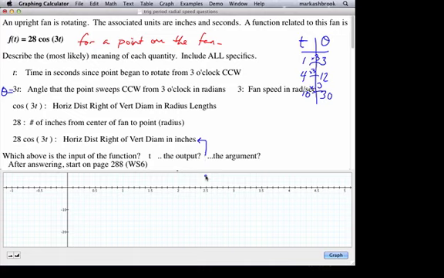What's the argument? Argument refers to the whole expression, the whole thing that goes into cosine or sine. Yes, exactly. Because what goes into cosine or sine, it always thinks it's an angle. So that argument will always be an angle. That's right.